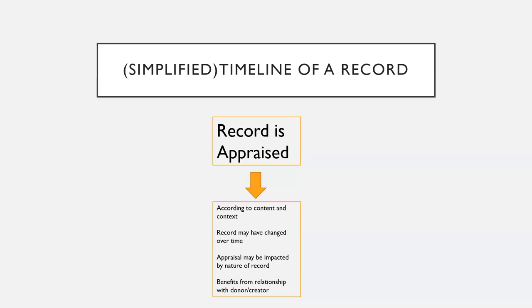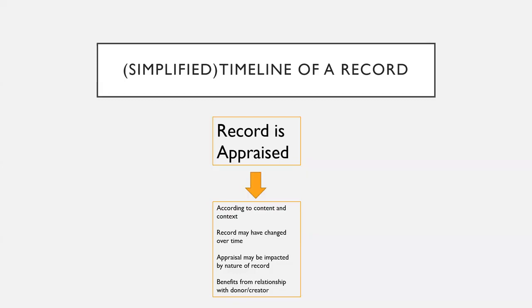And again, if the content and context has changed or been lost due to inadequate storage, then that may result in archives passing on records, even if the records might at one point have been quite important. So again, this idea that the records may have changed over time may impact the content and context that was once a part of or attached to the record.